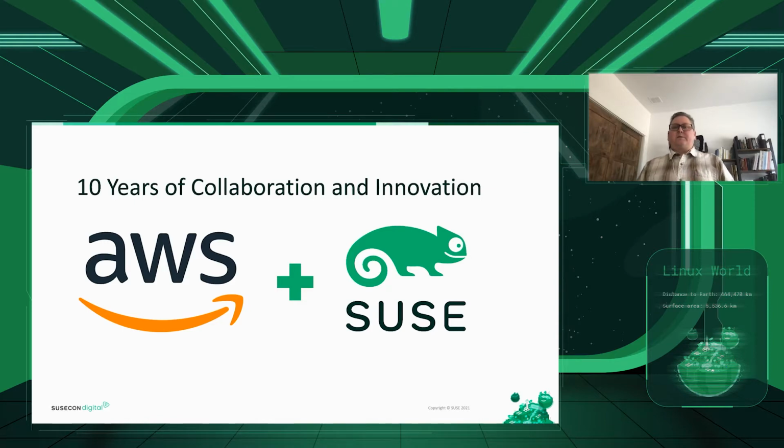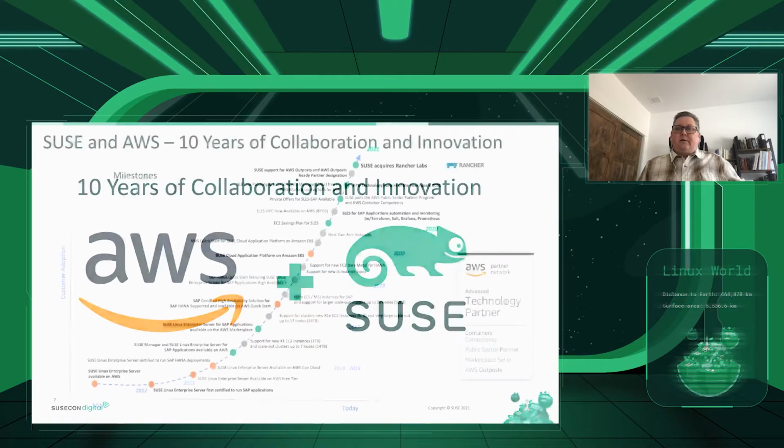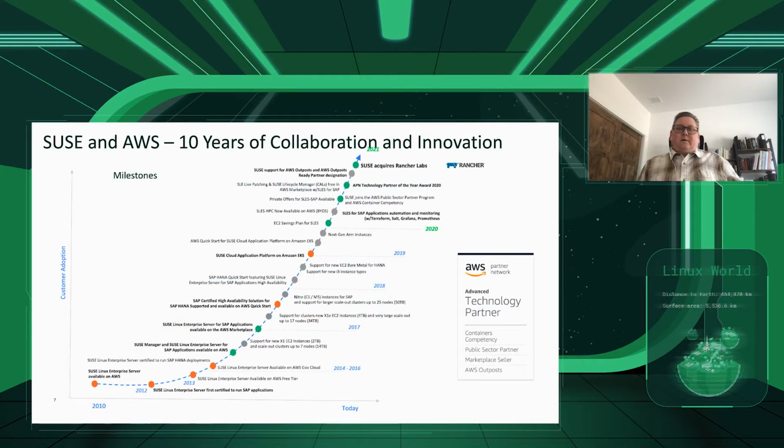Before we get started here, we just celebrated a great milestone with 10 years of partnership between the two companies. And while that's a big milestone, there have certainly been many others. SUSE is an APN Partner of the Year for 2020. If we look in detail at this, we have many years of collaboration, multiple certifications and awards, and ever-increasing momentum as partners.